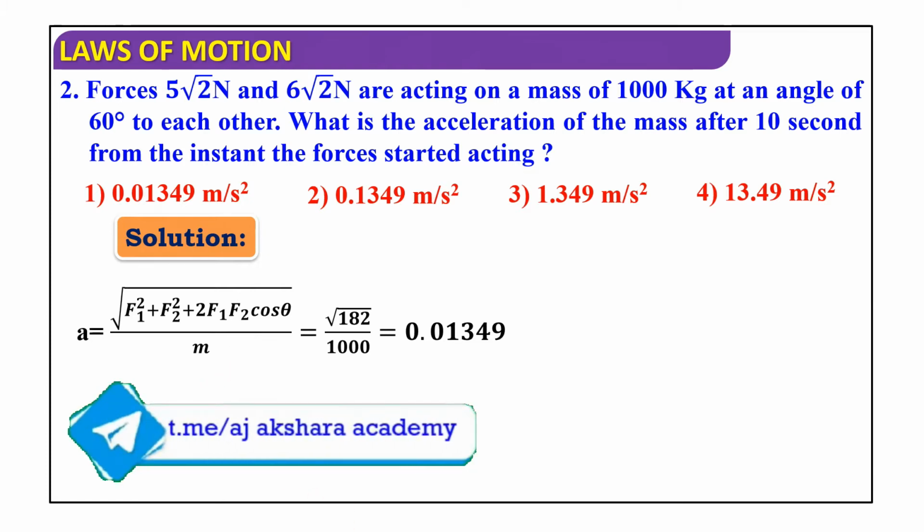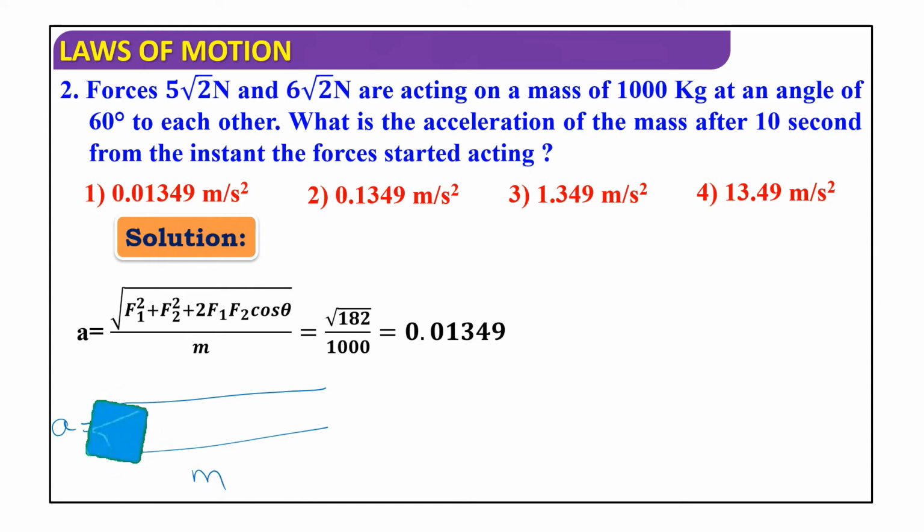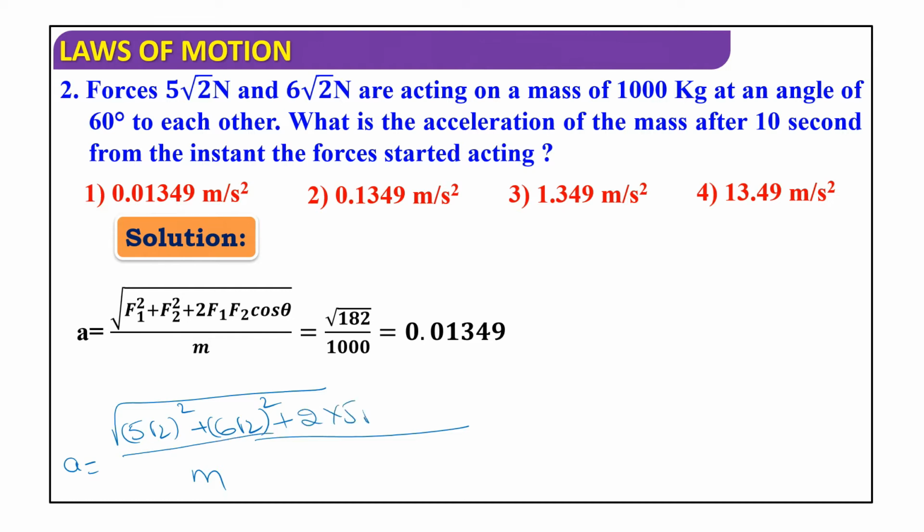Substituting the values, A is equal to square root of F1 square, that is 5 root 2 whole square, plus 6 root 2 whole square, plus 2 into 5 root 2 into 6 root 2 into cos 60 degrees.